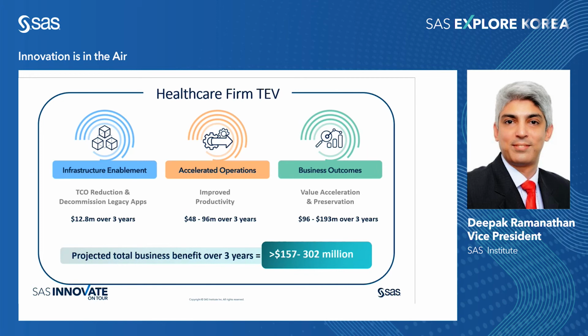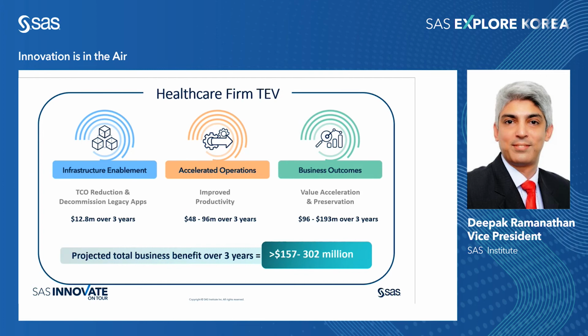So just modernizing their existing infrastructure and starting to move into these new areas, as you can see, has benefits anywhere between $157 to $302 million. Significant opportunities there to realize productivity gains with the technology capabilities that they're looking to acquire from SAS, primarily SAS Viya. And these were the things that I was talking to you about a little while back.